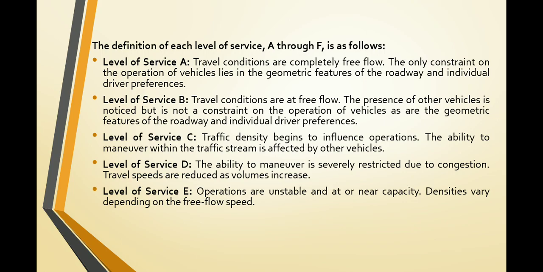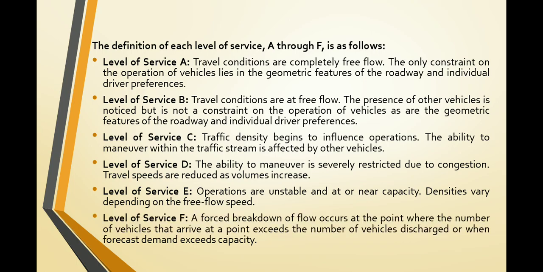LOS E, operations are unstable and at or near capacity. Densities vary depending on the free flow speed. LOS F, a forced breakdown of flow occurs at the point where the number of vehicles that arrive at a point exceeds the number of vehicles discharged, or when forecast demand exceeds capacity.